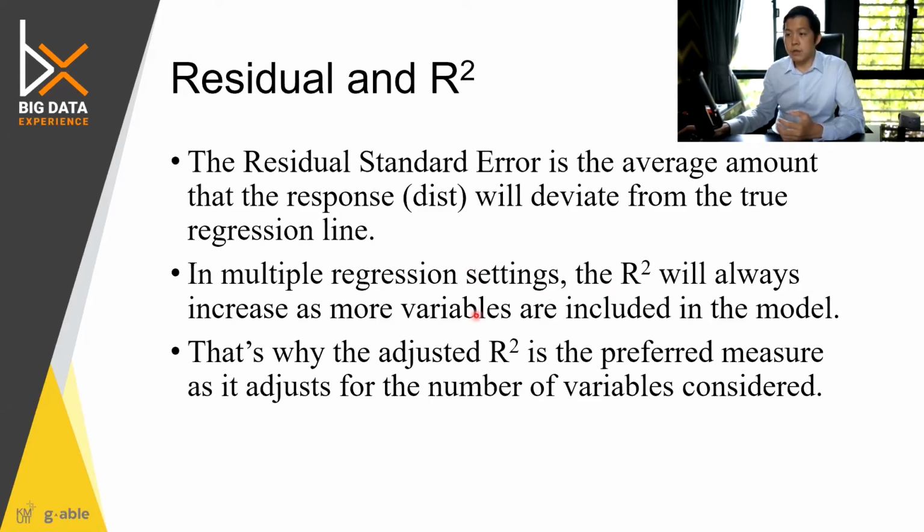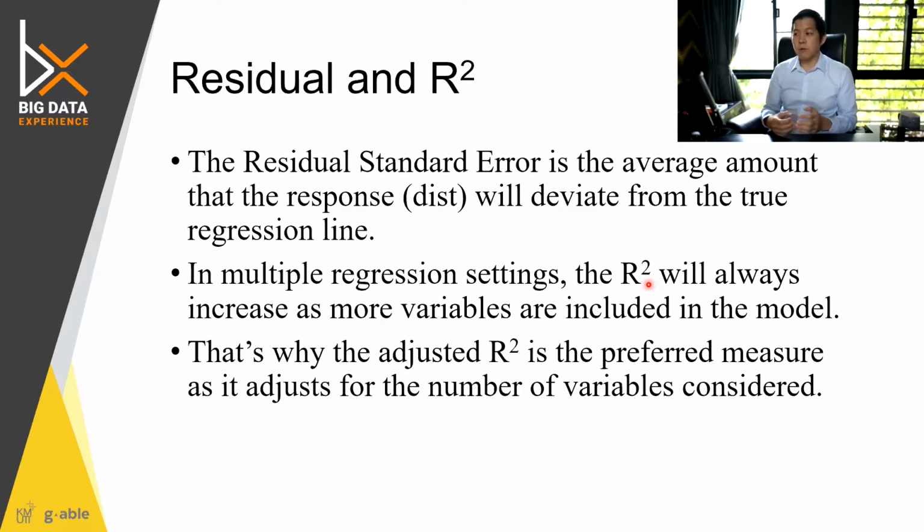But when you increase the number of variables, r square will mostly always increase, because you give the model more information. But there's a problem there, because it is possible that the increment in performance might not be worth increasing the number of inputs.